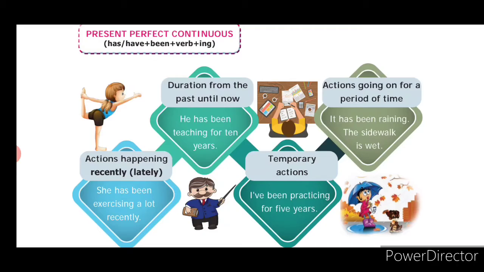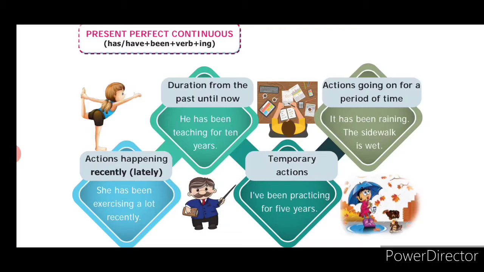This tense form is used for the action that started in the past and is still continuing now. It might have started in the past, but it is still continuing. In that case, we are using the present perfect continuous tense.